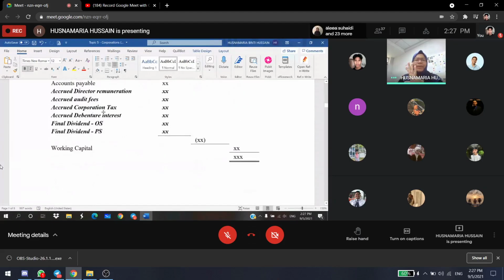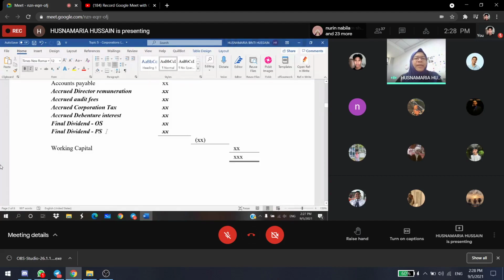5 tu. Okay. So accrued directors remuneration, accrued audit fees, accrued debenture interest, okay, going down, accrued corporation tax, okay, going down, final dividends or proposed dividend. Normally we don't call accrued, we call it either final dividends or proposed dividend for the ordinary and for the preference.